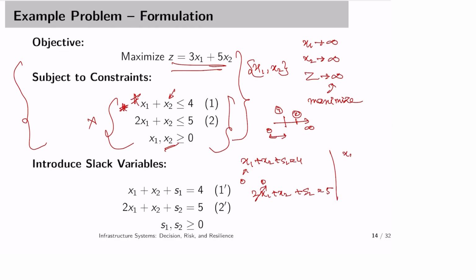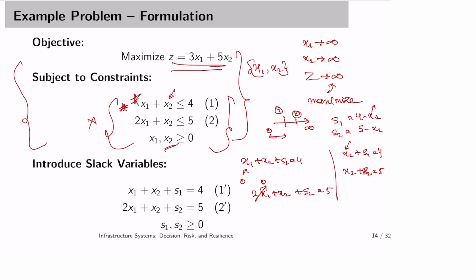So this reduces to x2 plus s1 equal to 4 and x2 plus s2 is equal to 5. If I start increasing x2, my s1 is 4 minus x2 and s2 is equal to 5 minus x2.